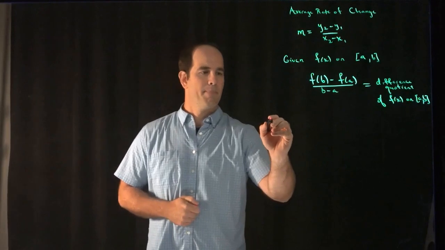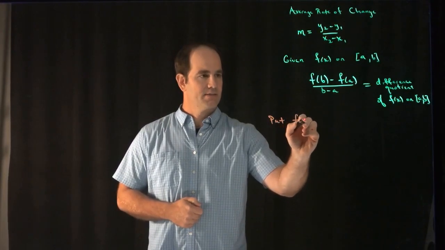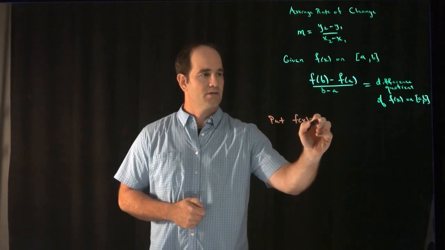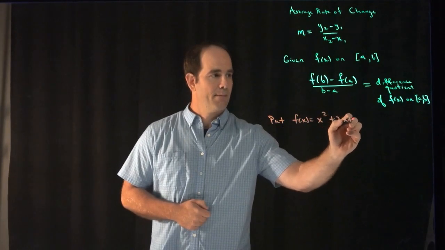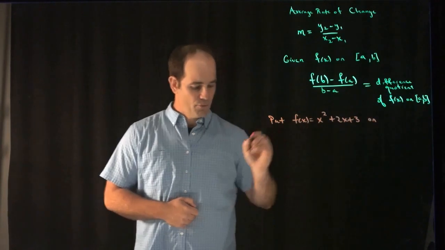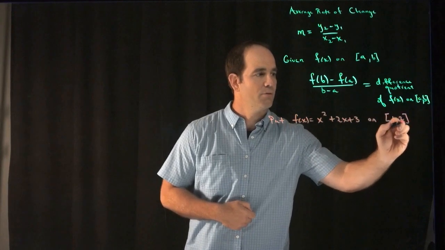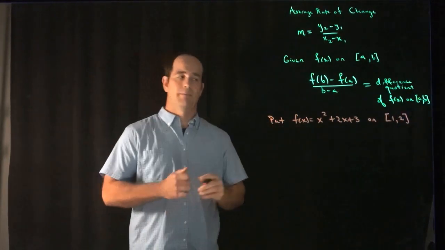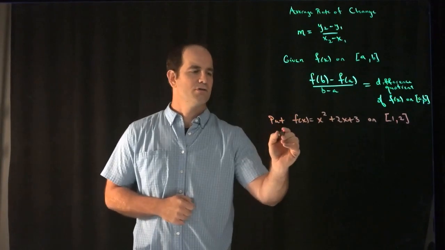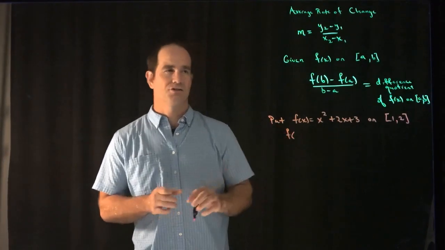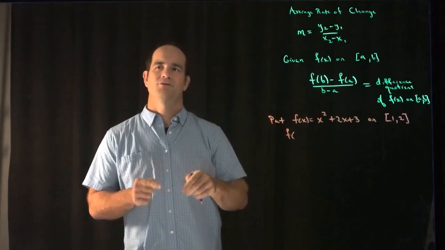Let's say we're going to let f of x equal x squared plus 2x plus 3. And the interval we want to focus on is from 1 to 2. Now, if I'm asking you to calculate the difference quotient, I urge you, first thing to do is not just to jump into this formula for slope, but to get your function values.